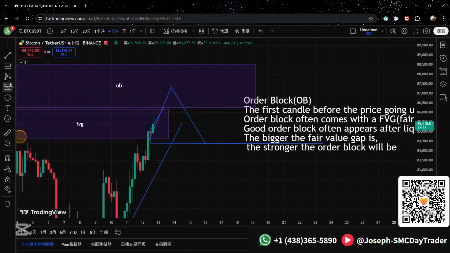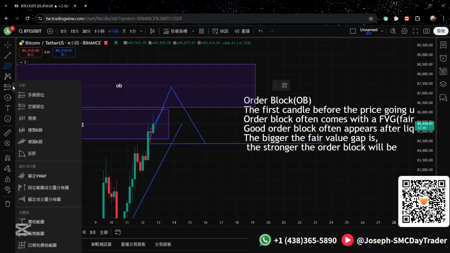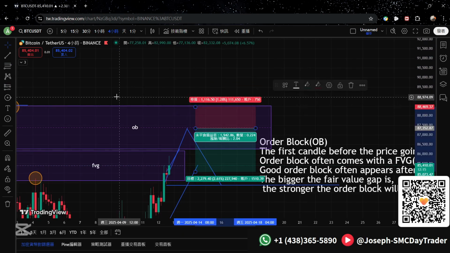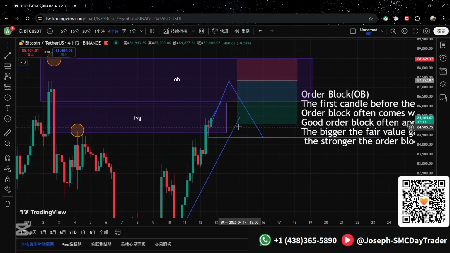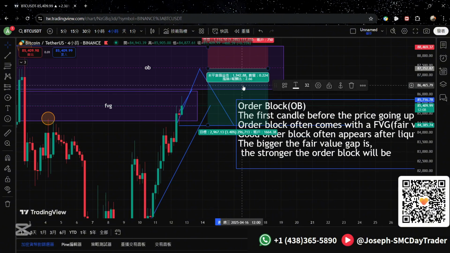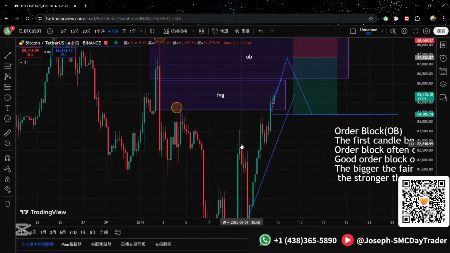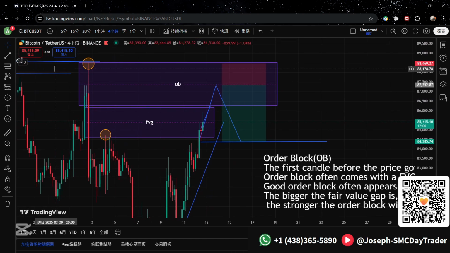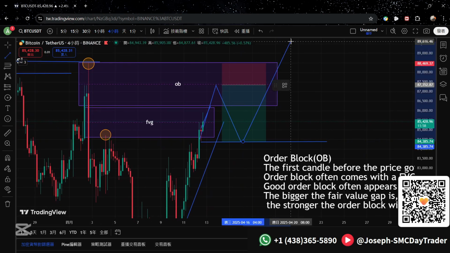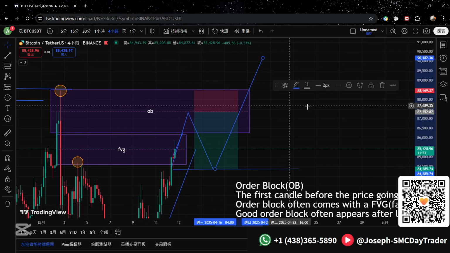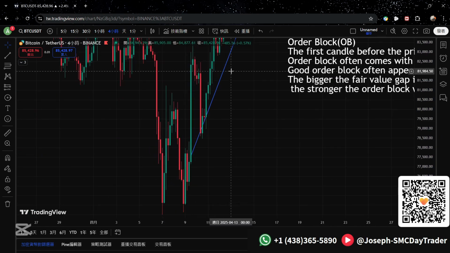So when the price hits here, we can try to go short and put the stop above the order block and take profit right here, I assume. That would be a 2.6 reward-to-risk ratio, which is considered a good trade. And after that, maybe the order block will break through because the price seems to be going up intensively.